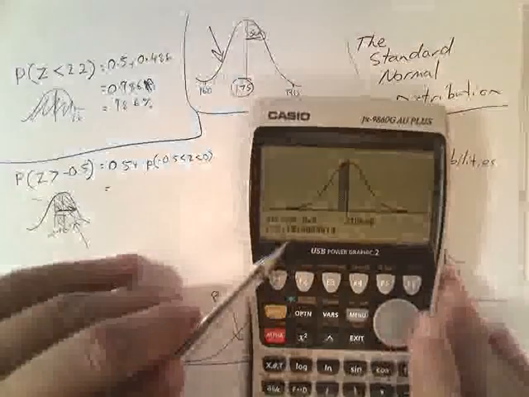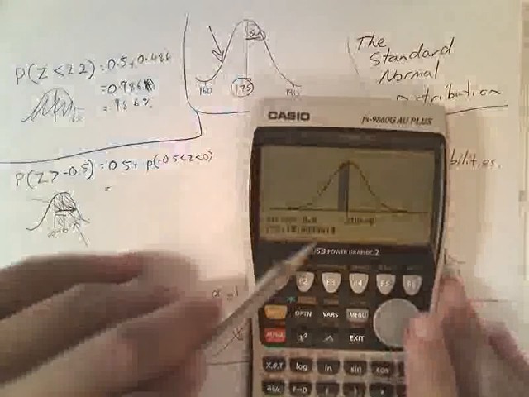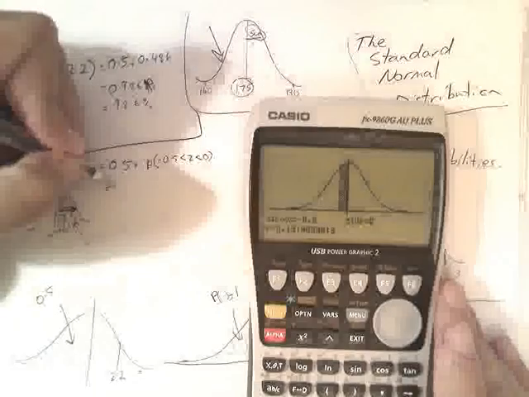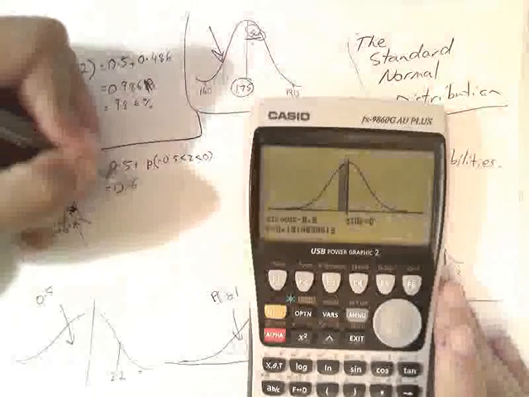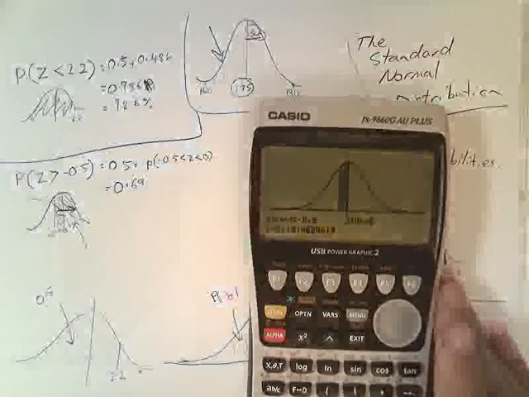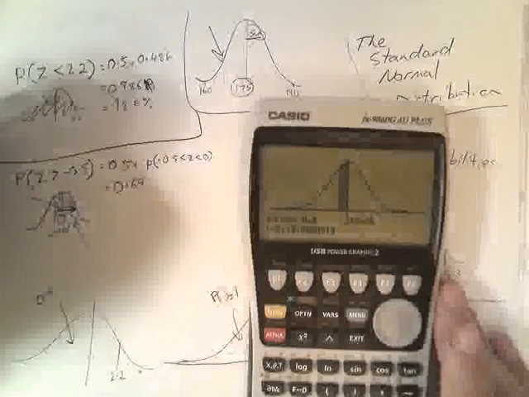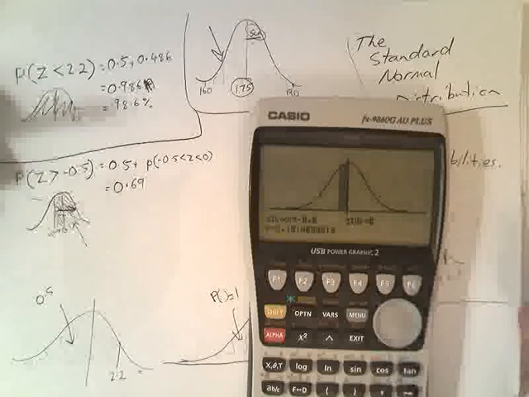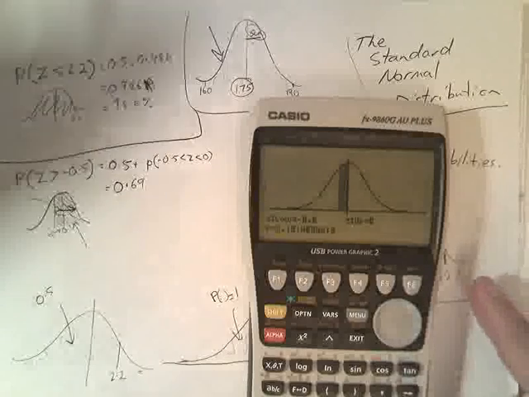So 0.5 plus 0.19, you probably should go to 4 decimal places. I couldn't be bothered right now, so I'm not going to. 0.69. Okay, so two very, very similar questions. They were pretty much mirror images of each other. But there are a bunch of other ones that are very similar.